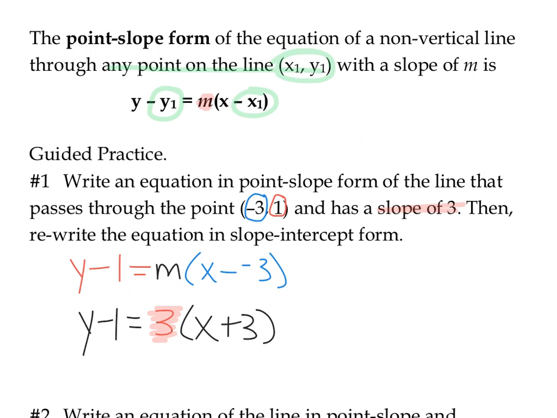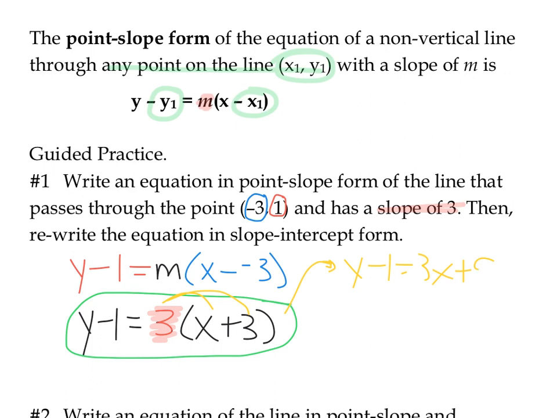So our point slope form for the equation of this line would be y minus 1 equals 3 parentheses x plus 3. And we can relatively quickly change that to slope-intercept form by distributing this 3 into the parentheses. If we do that, we'll do the work up here. We can get y minus 1 equals 3x plus 9.